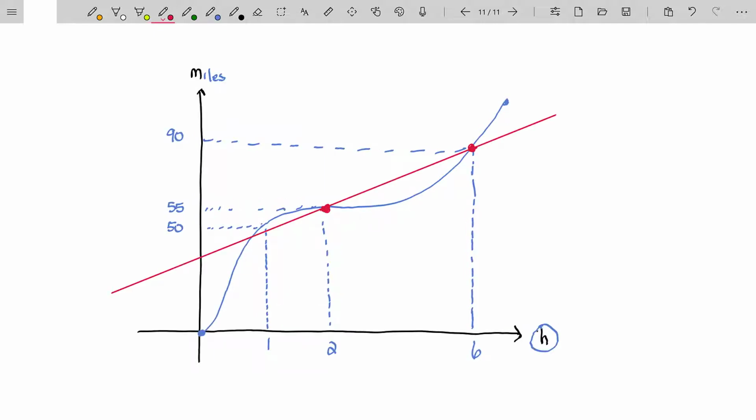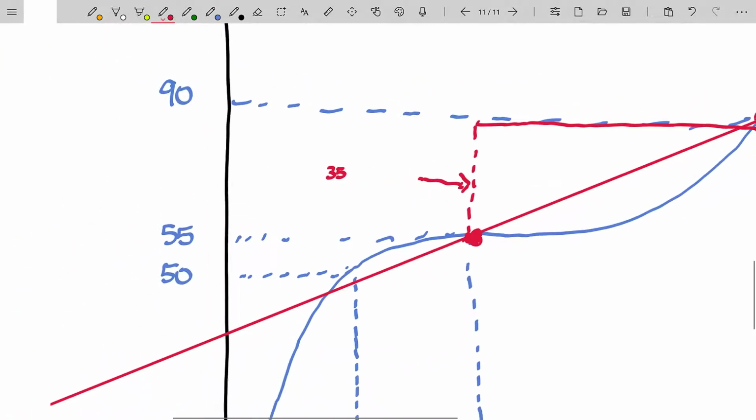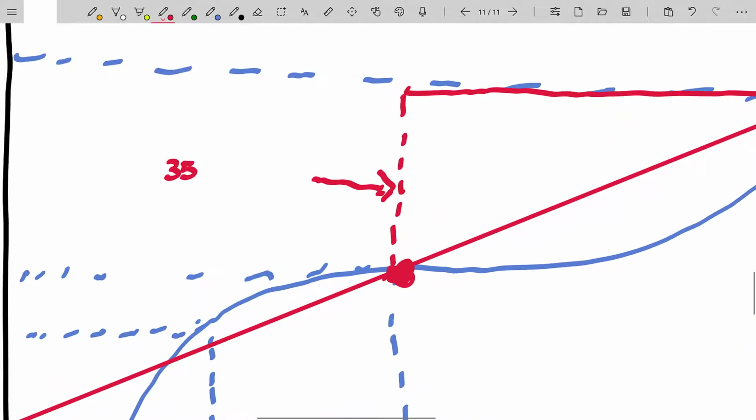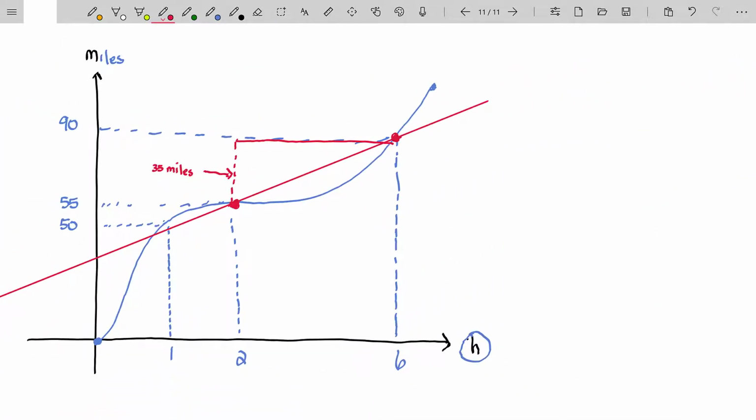So that average rate of change, remember, is just the slope of that secant line connecting those 2 points. But also remember, slope is rise over run. So in this case, you've risen 35 units, and the units for the vertical axis are miles. So your rise is 35 miles. Your run is in terms of hours, and this distance here is a distance of 4.